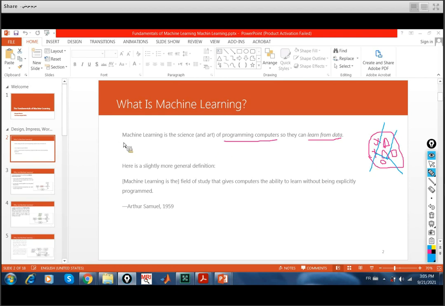This is the science of machine learning. There are many different definitions in this field. For example, one definition is that machine learning is the field of study that gives computers the ability to learn without being explicitly programmed. We will become familiar with this definition in the next slides. Okay.